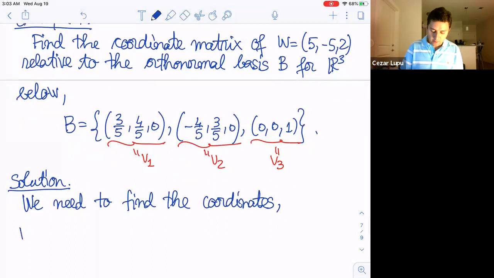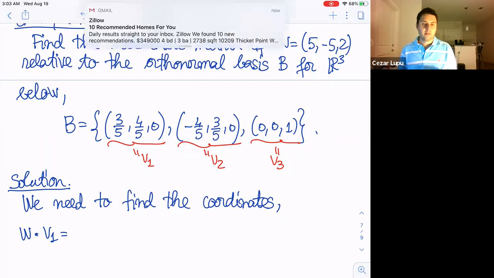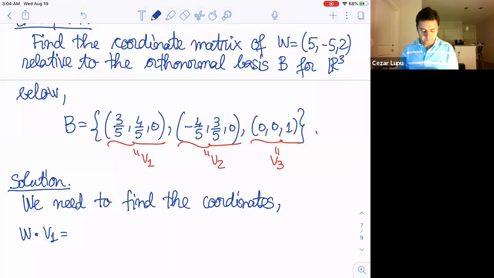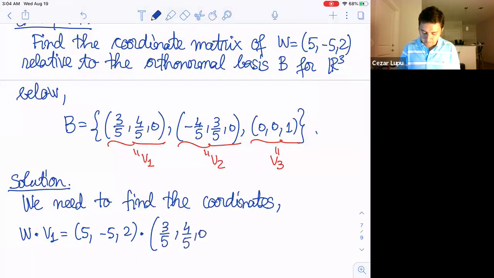We have W dot V1. We need to dot W with each vector from the basis. In other words, we need to find the dot product between W and V1, V2, and V3. In this case, we have (5, -5, 2) dot (3/5, 4/5, 0), which will give us negative 1.